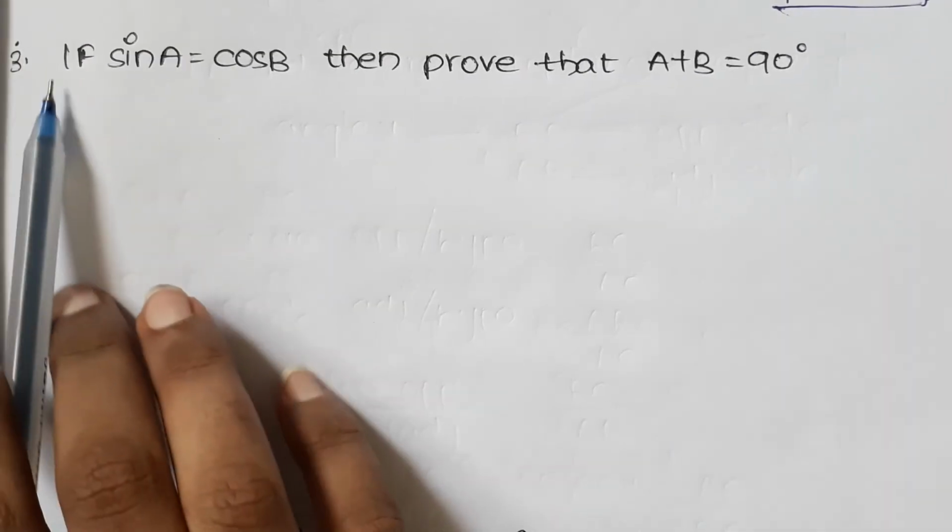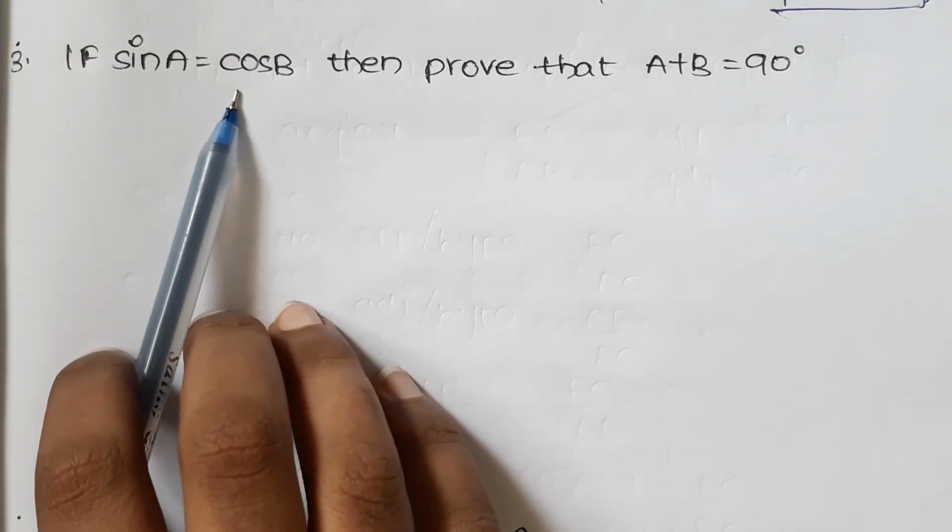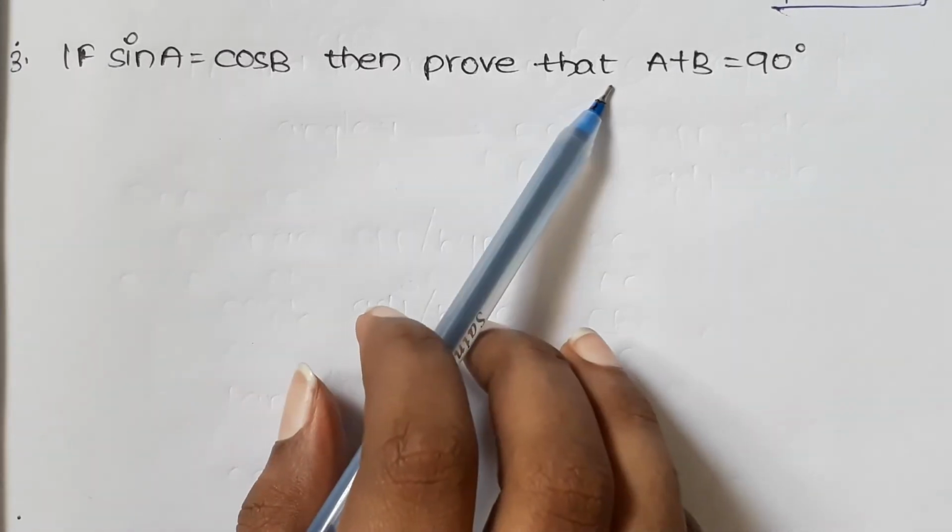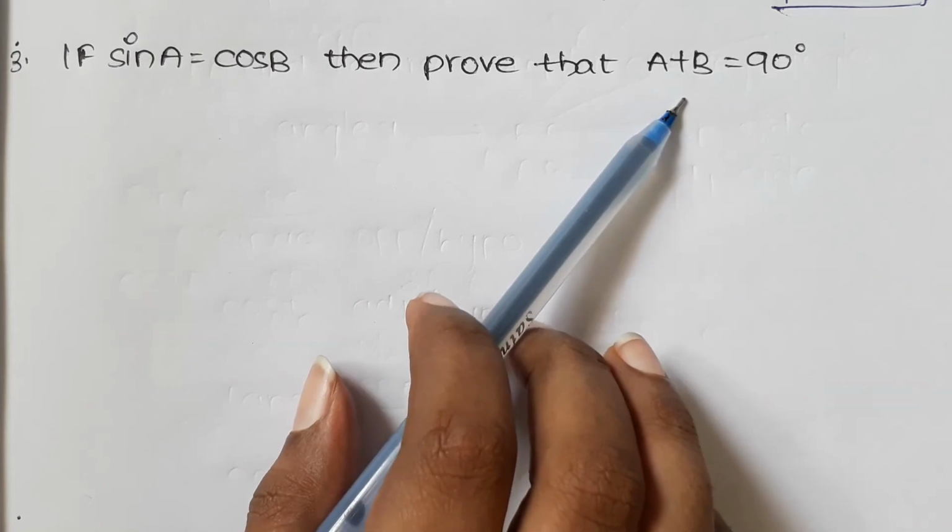Here, if sin A equals cos B, then prove that A plus B equals 90 degrees.